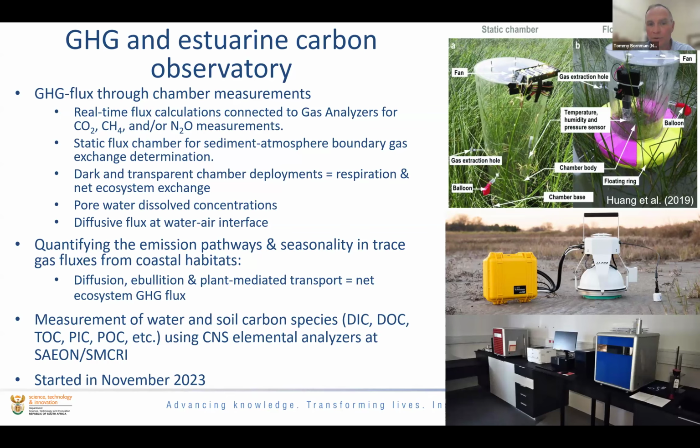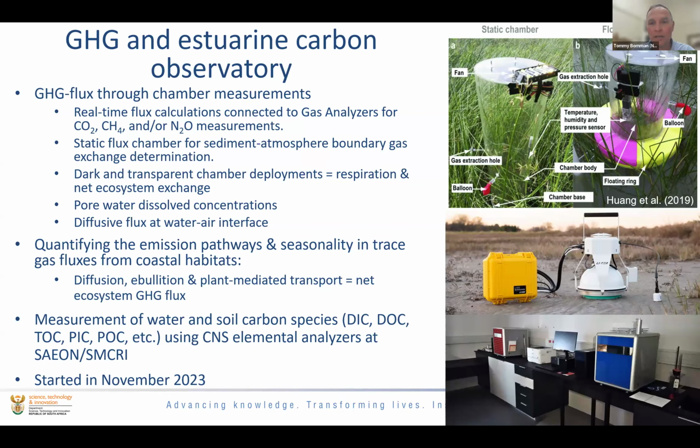You can quantify the emission pathways and seasonality in trace gas fluxes. And at the same time, when we measure the fluxes from the coastal habitats and ecosystems, we also collect sediment samples and water samples. So we measure, for example, the carbon content of the estuary itself, of the sediment at the bottom of the estuary.